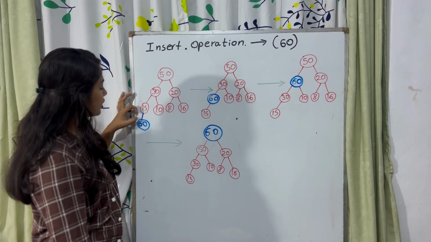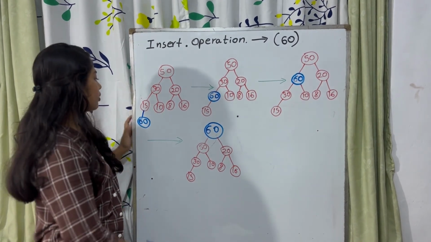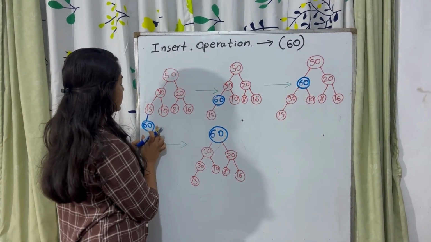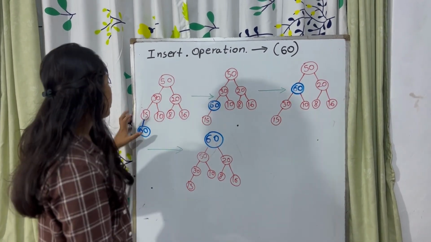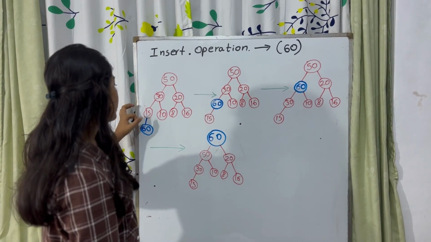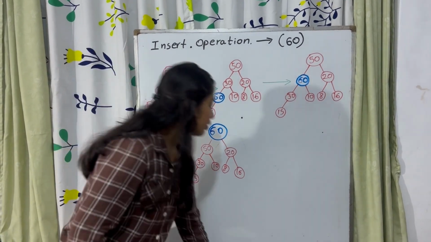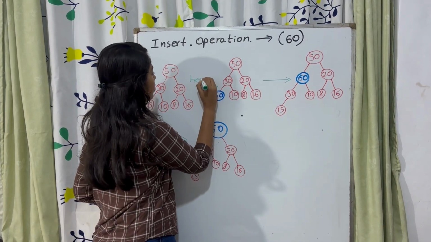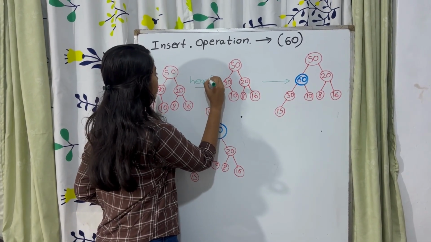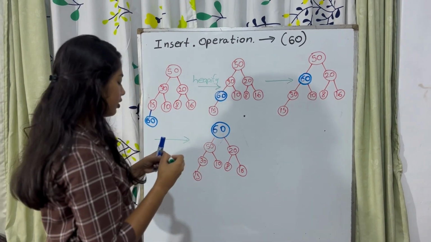Here this is not the max heap because 60 is greater than 15. So we have to swap these two numbers, or we have to heapify this tree.